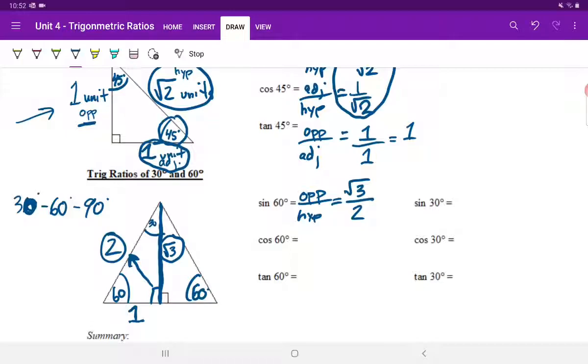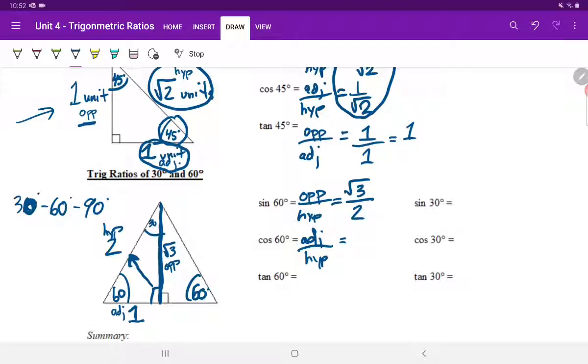All right, next, and let me just erase those circles there so I can do new ones. Let's go the adjacent over hypotenuse. Well, what's my adjacent side? If 60 is my angle of reference, this is my adjacent side. By the way, this is my opposite side, and this is my hypotenuse. Okay?